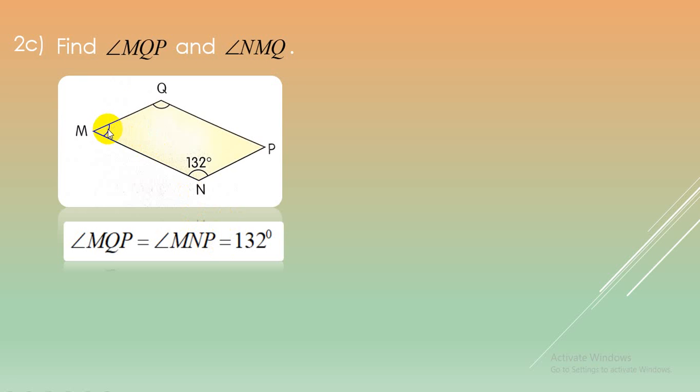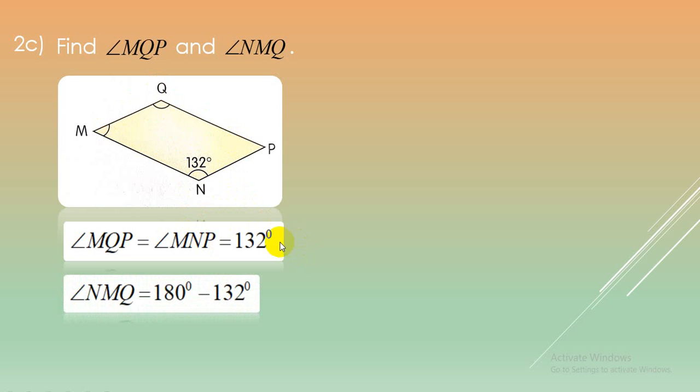That's why MQP equals 132 degrees. It's the same, the opposite angle. And then NMQ and MNP add up to 180 degrees. So we can subtract 132 degrees from 180 degrees to find angle NMQ. What is the answer? Correct. The answer is 48 degrees.